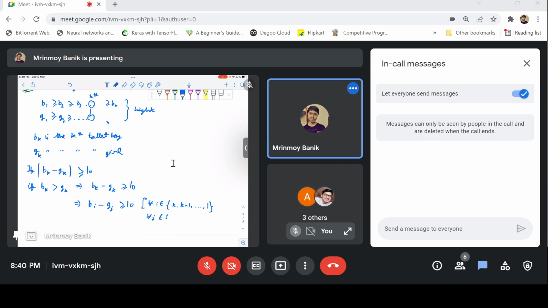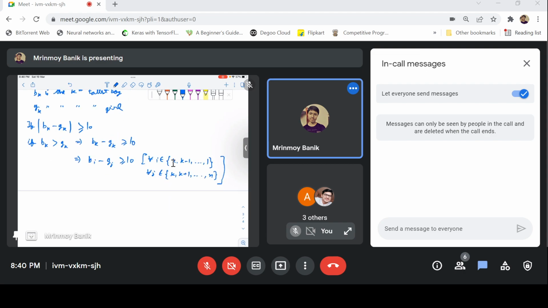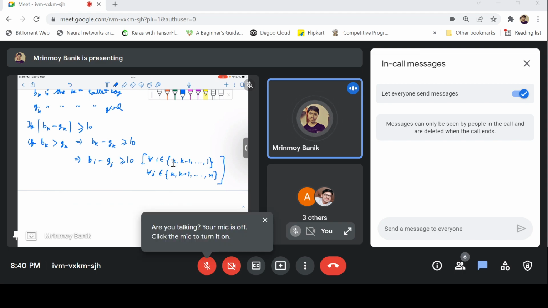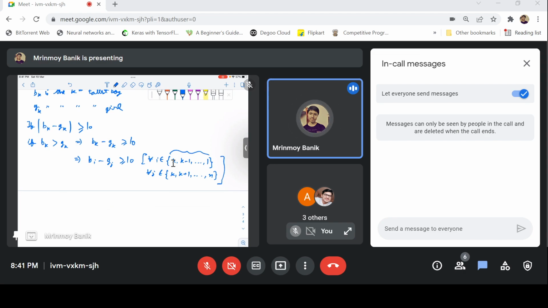And for all J, it's true for K and for all the other shorter girls till N. So how many possible boy-girl pairs are there who have difference in heights greater than or equal to 10? We have k of them here, and n minus k plus 1 of them here, right?